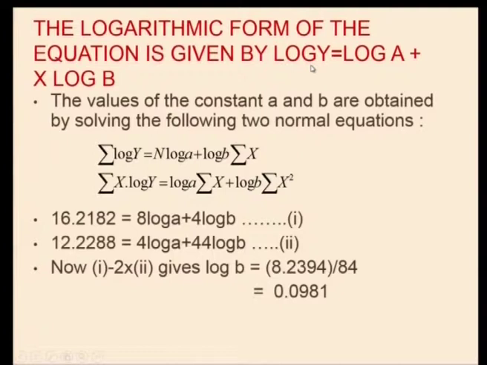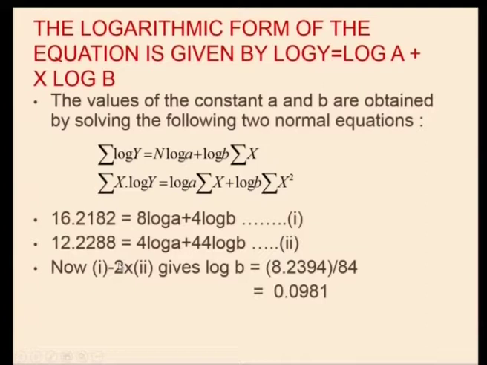Now the logarithmic form of the equation is given by log y is equal to log a plus x into log b. The values of the constants are obtained by the following two normal equations given in terms of log. Sigma log y is 16.2182 and n is 8, so 16.2182 equals 8 log a plus 4 log b.